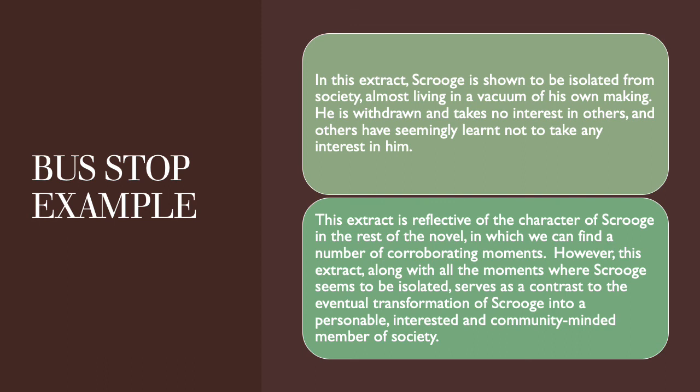They also know that I'm going to mention a couple of corroborating moments where Scrooge is also isolated and withdrawn from the rest of the novel, but they're going to be waiting for that moment where I point out the contrast, the moment when Scrooge is none of these things and when he's actually completely the opposite. So hopefully you can see how that's almost like a contents page. It could almost be paragraph 1, paragraph 2, paragraph 3, paragraph 4, paragraph 5, paragraph 6.